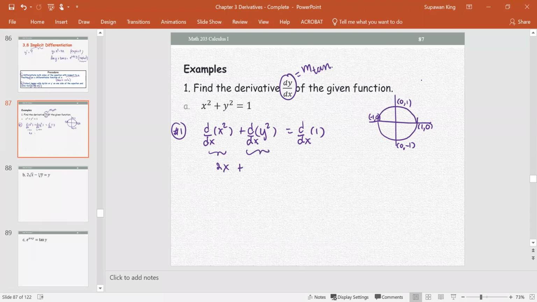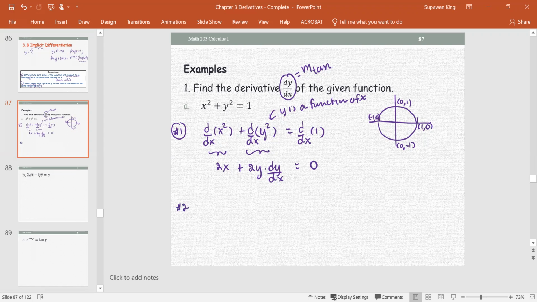The derivative of y squared is 2y. Recall, we treat y as a function of x. And in this part, the chain rule comes in. On the right-hand side, the derivative of 1 with respect to x is 0.